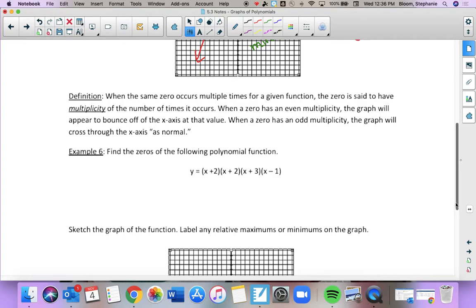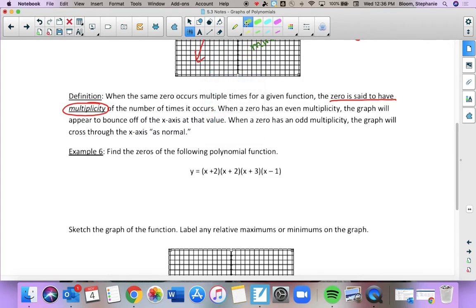Okay, now, there are times when you solve a polynomial that you might get an answer multiple times. Okay, so you might get out x equals 2, comma, x equals 2 again. So if this happens, this means that the 0 is said to have multiplicity, meaning you got it out multiple times. Here's how you know how to graph those.